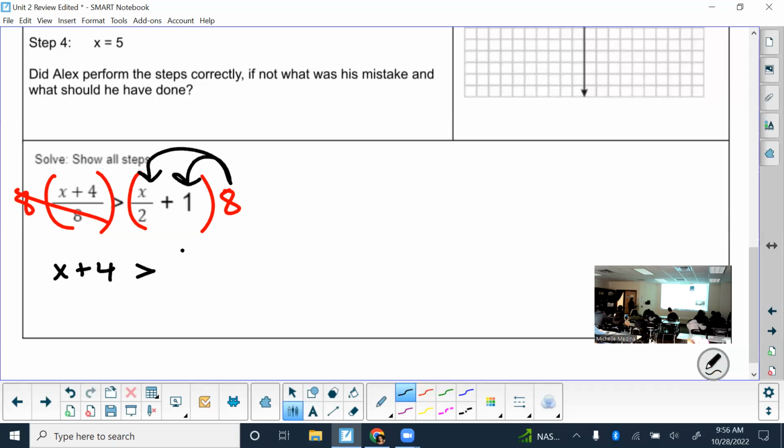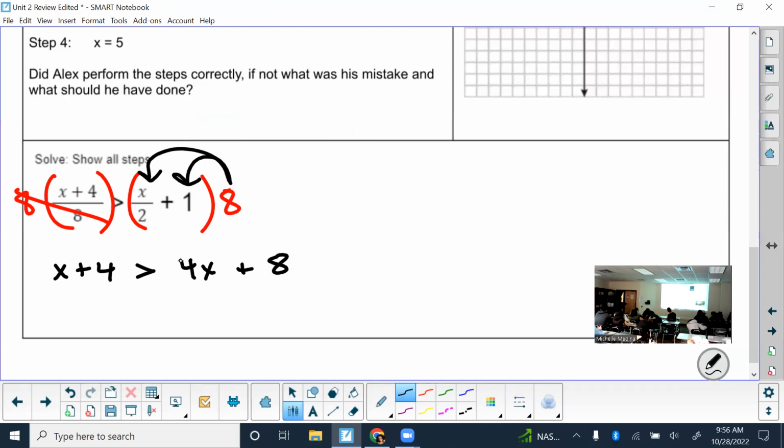All right, so then I essentially get 8x over 2, which I can simplify. And then 8 times 1, which is 8. What does 8x over 2 simplify to? 4x. And yeah, I think someone said over 1. That's correct. We'll just make it 4x.